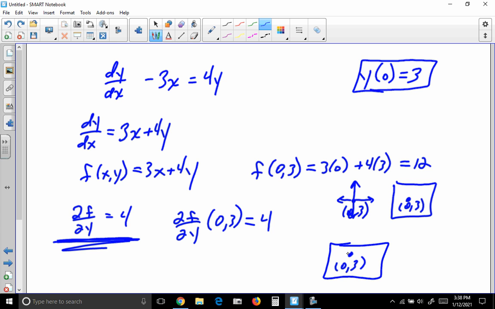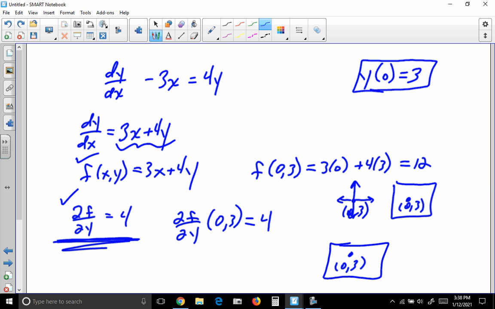So that point lies inside a rectangle such that every point inside that rectangle is continuous on the partial with respect to y, and we already said it's continuous on the function f, which is what our derivative equals, on points around 0, 3.